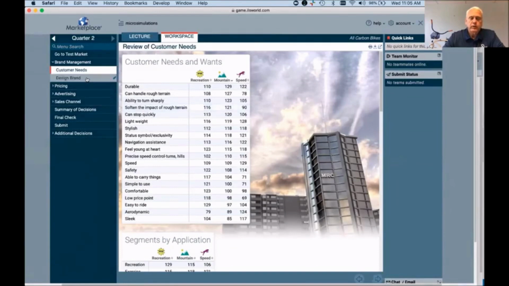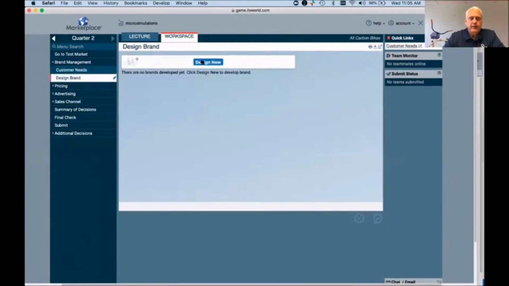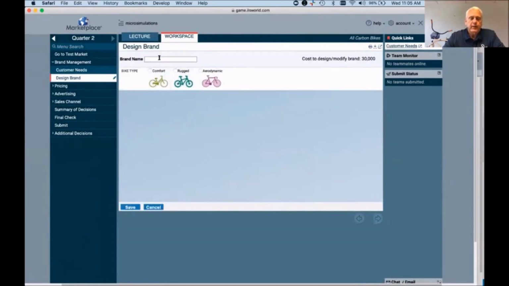So I will go into design a brand, and I choose design new, and I need to come up with the name. I'll come up with the name Mountain Carbon. All right, that'll be my brand name.